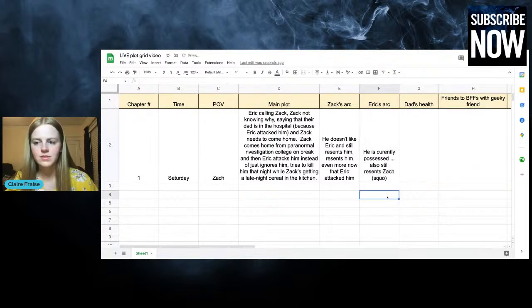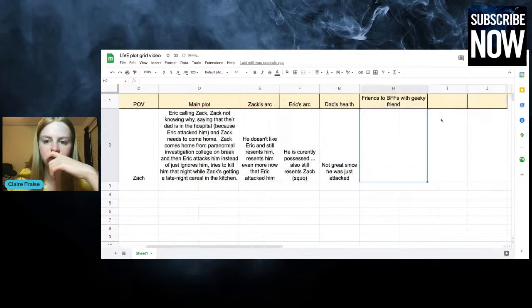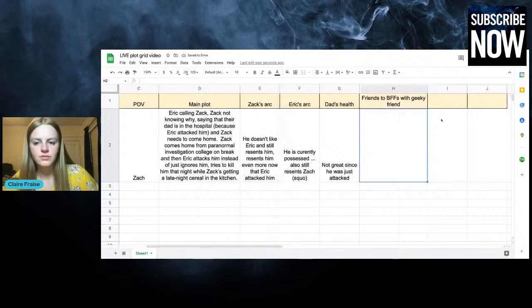Squo. That's how we used to write it when I used to do debate. We would write squo on our flows for debate rounds. So the dad's health, not great since he was just attacked. And friends to BFFs with geeky friend. Geeky friend is not there right now. Not in the book right now.